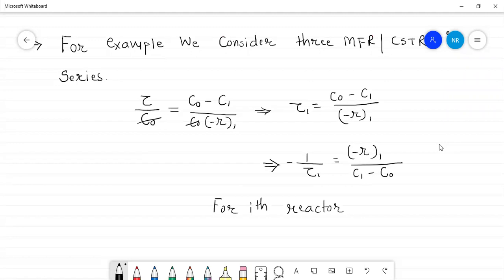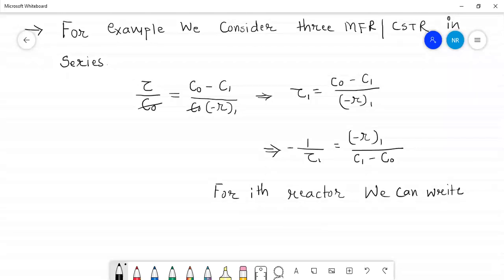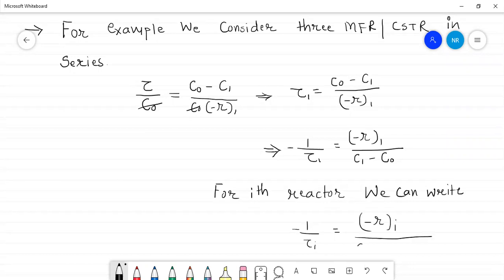We can generally write minus 1 divided by tau i is equal to minus R of i divided by (Ci minus Ci minus 1).